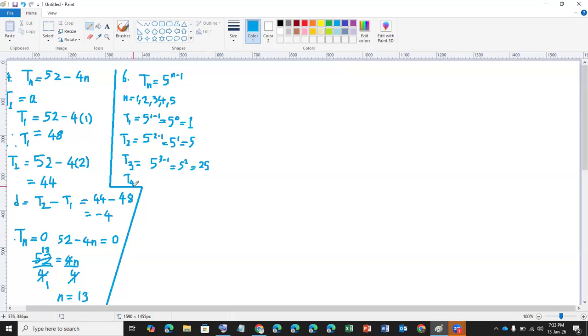And then I expect C4 should be 5 raised to the power of 4 minus 1, which is 3, so 125.